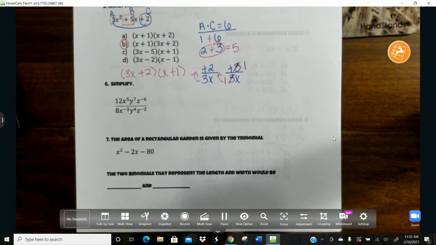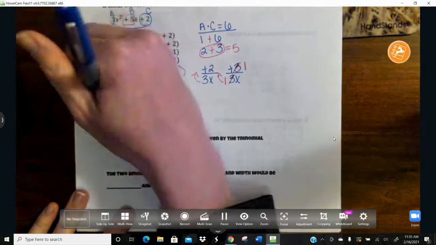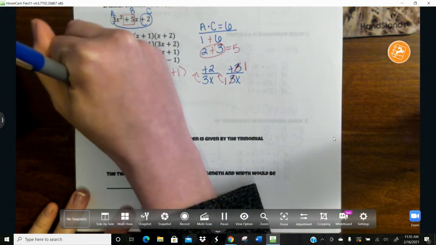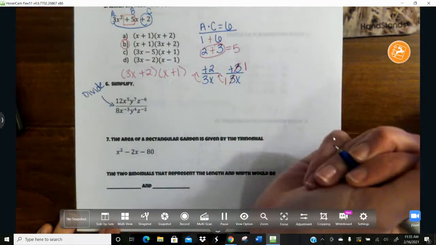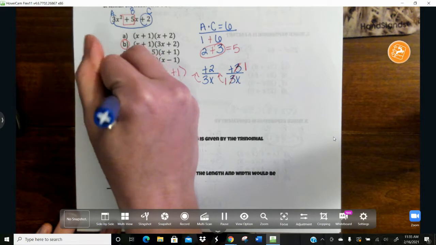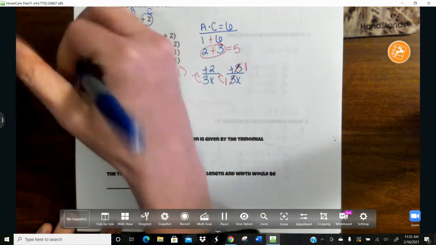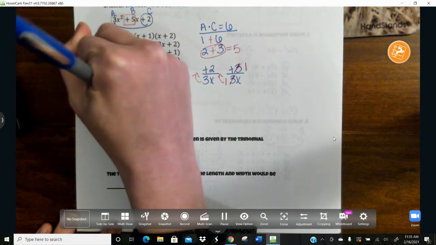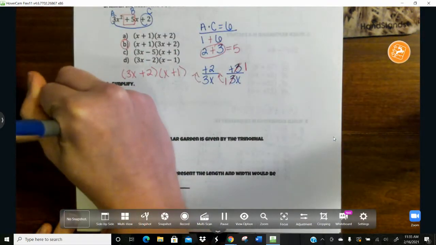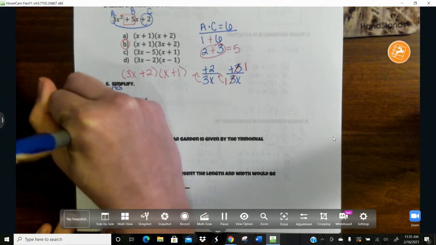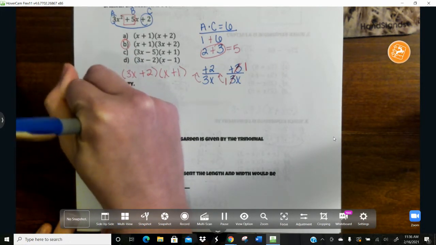All right, number 6. This is laws of exponents. Remember, if you see that fraction bar, that means we are dividing. So when we divide the coefficients, the 12 and the 8, we subtract the exponents.